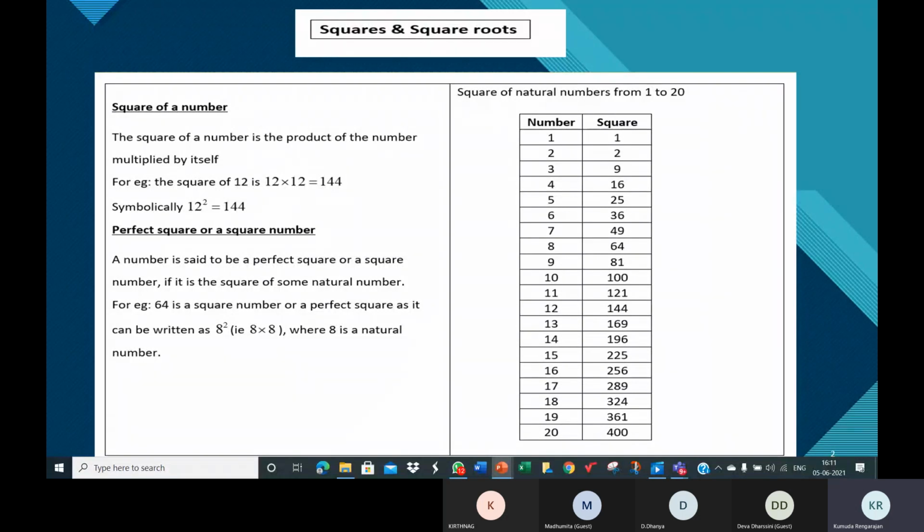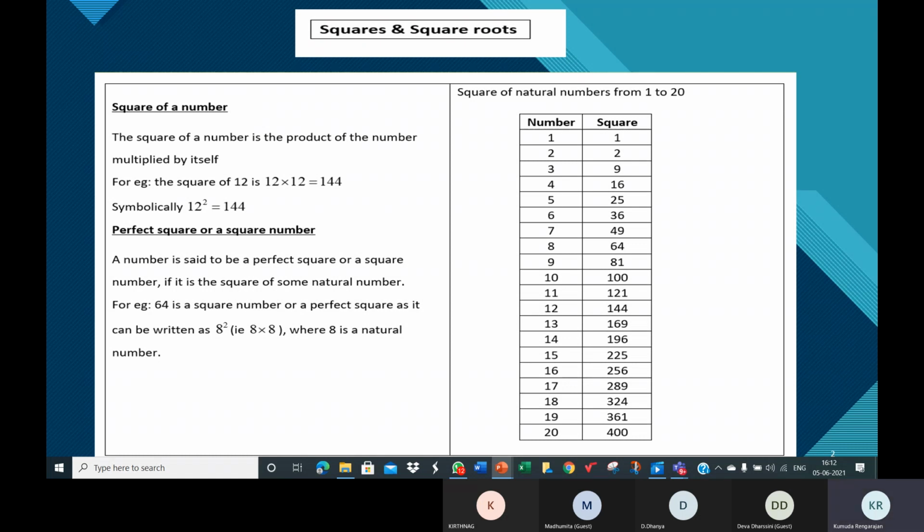If you're asked to find the square of 12, what should you do? Multiply the number 12 with itself. So the square of 12 is 12 into 12, which is 144.